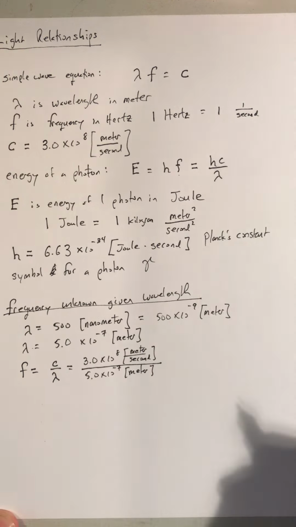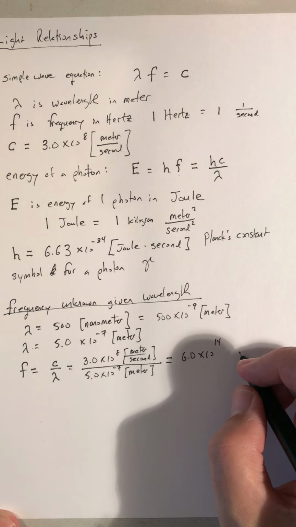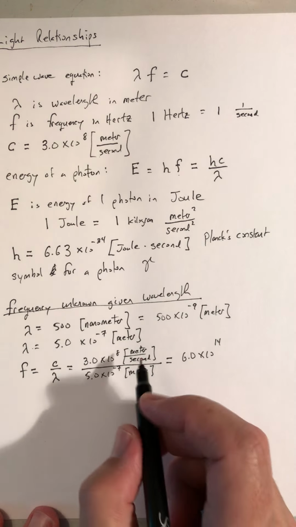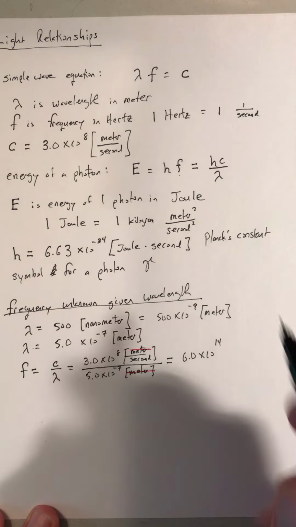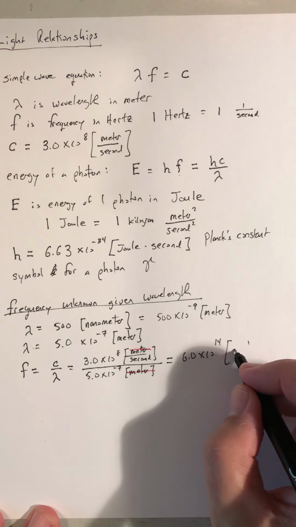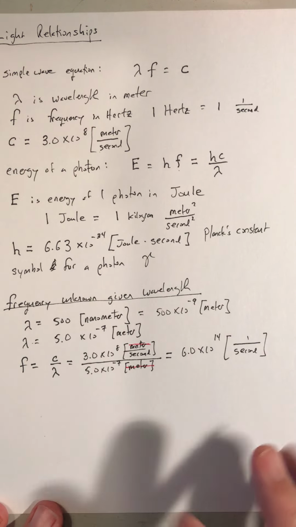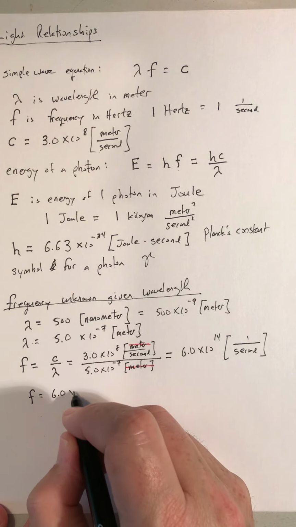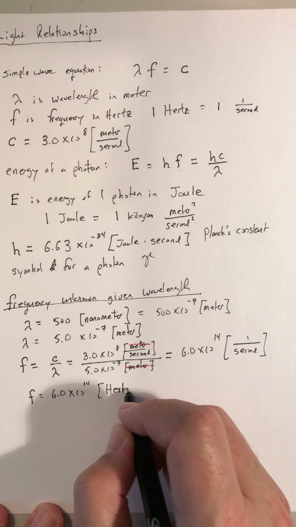It's going to give us a frequency of 6 times 10 to the 14th, and it's going to be inverse seconds because the meters cancel out. And that is telling us that the frequency is 6 times 10 to the 14 hertz.